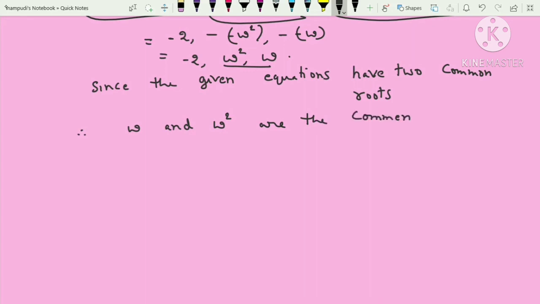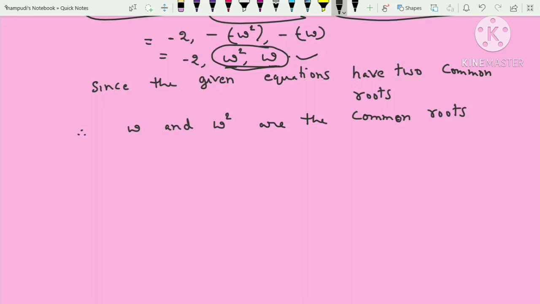If one is a root of one equation, the other is also automatically a root of this equation. Those are complex roots, common roots. So these are the two common roots for the given two equations.